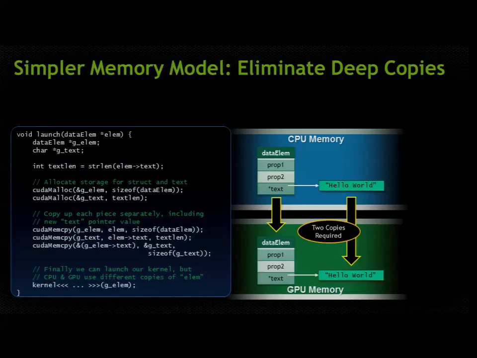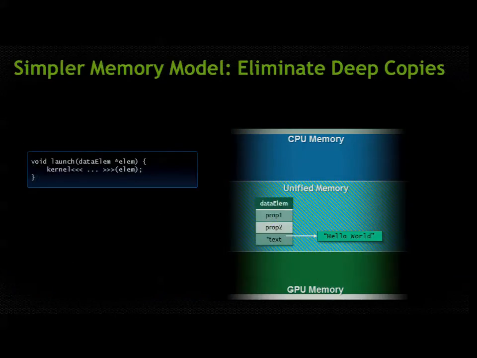So it's, as you can see, fairly clumsy. A lot of extra work. With unified memory, it all collapses into basically just using the data. And you leave it up to the runtime, the operating system, or the driver, to figure out when to move this data and where it should be placed.